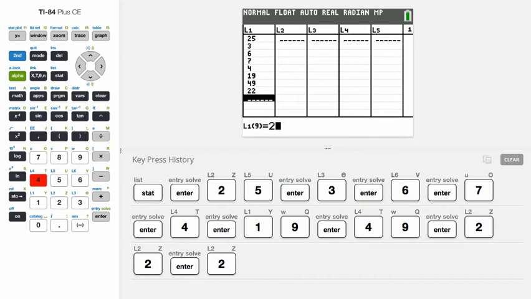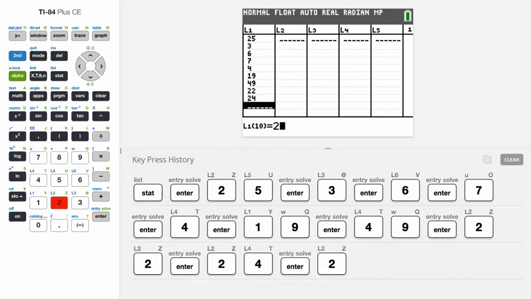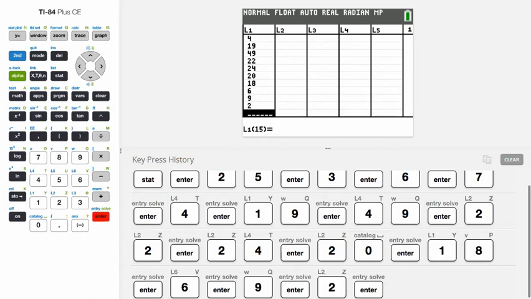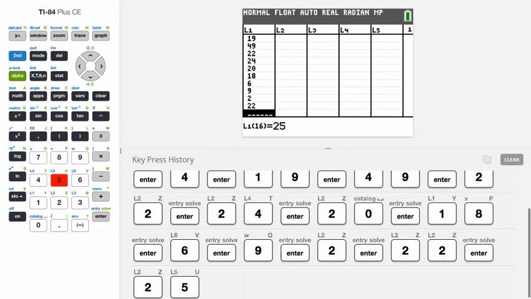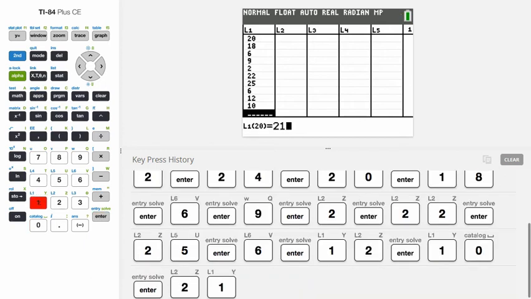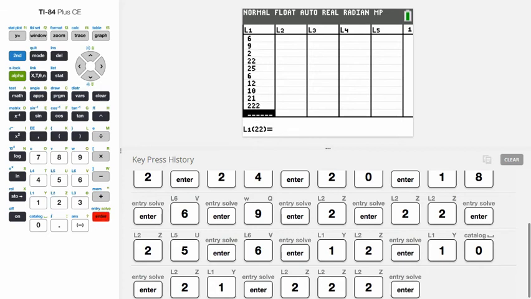enter, 24, enter, 20, enter, 18, enter, 6, enter, 9, enter, 2, enter, 22, enter, 25, enter, 6, enter, 12, enter, 10, enter, 21, enter, 22, enter.